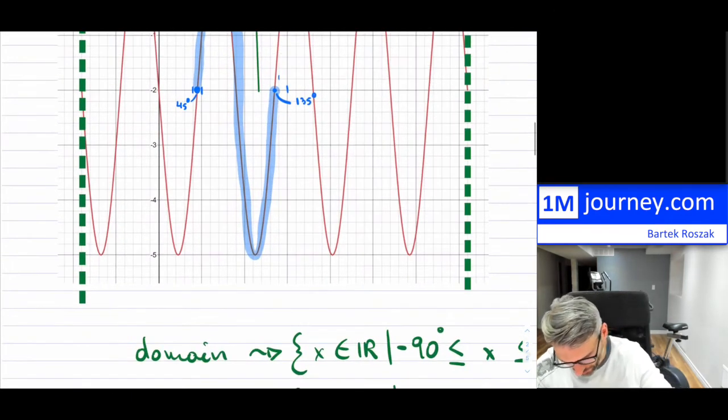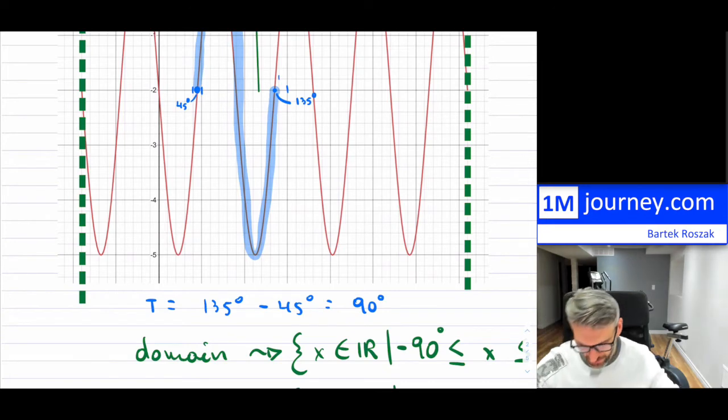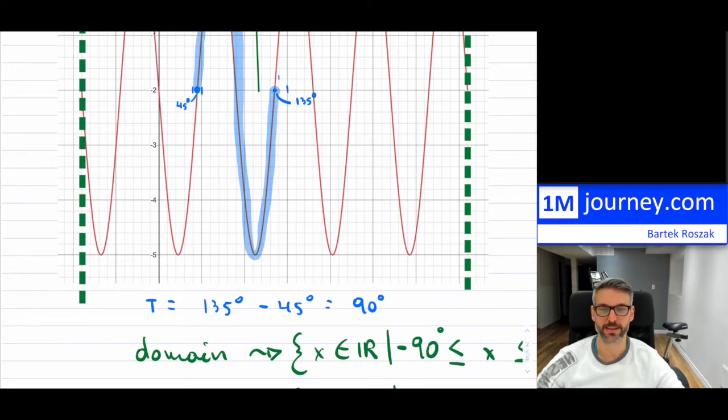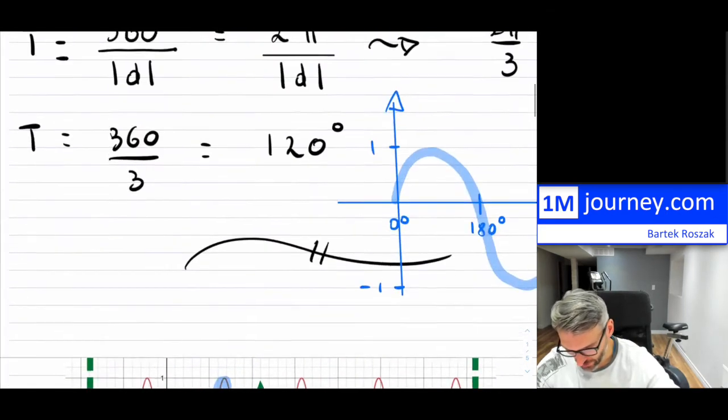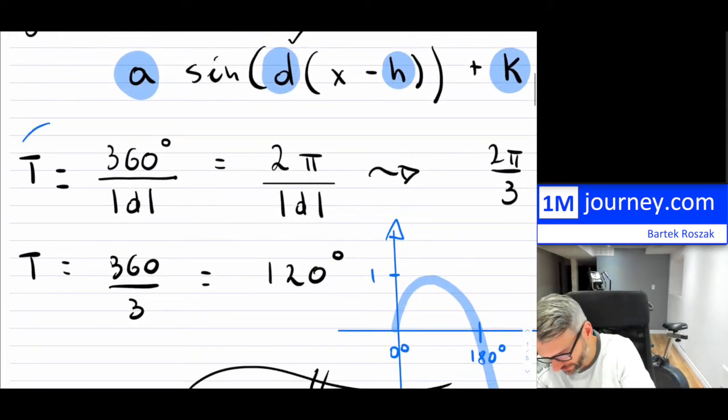It's from 135 degrees, so that one period is equal to 135 minus 45 degrees, which means this is 90 degrees. So the period is 90 degrees. That's the period. So if you remember, from right here, that's your period.